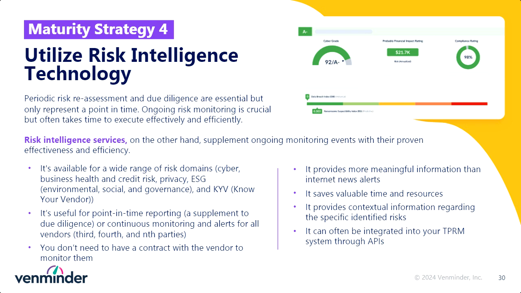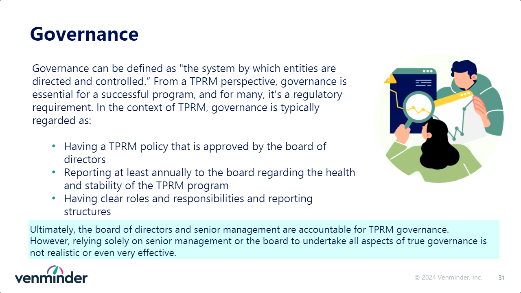You know, I want to talk about governance for just a moment. We know that it's a foundational element of any mature third-party risk management program. And we also know that regulators have a lot of expectations around governance. Now, ultimately, the board of directors and senior management, they're responsible for that governance.